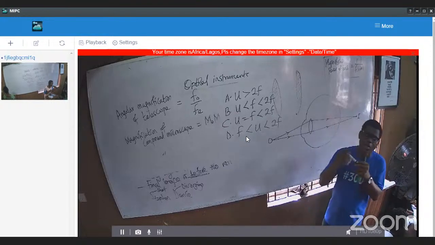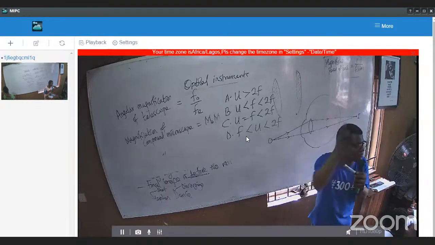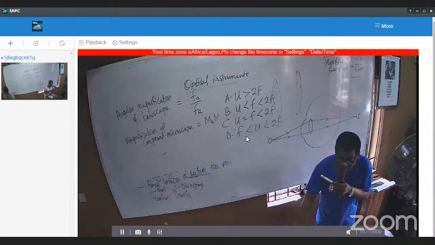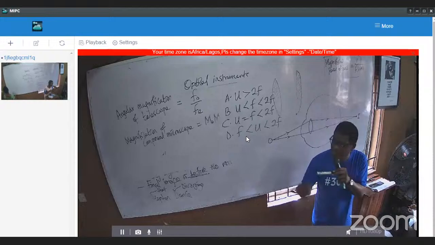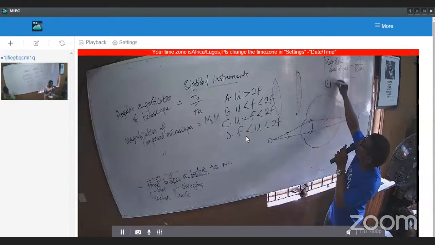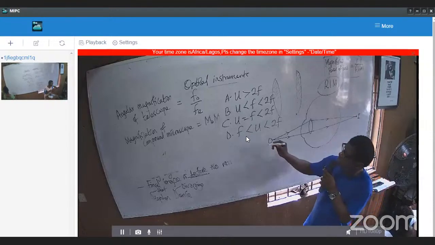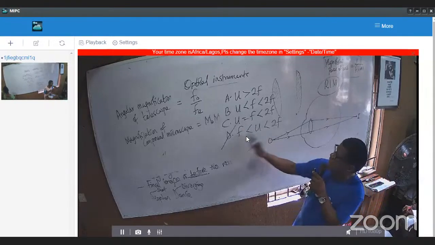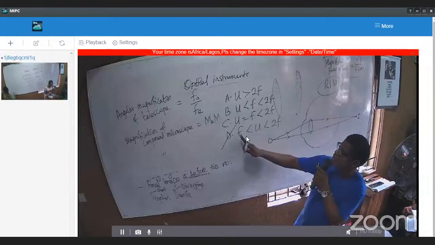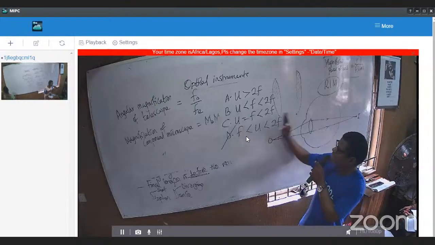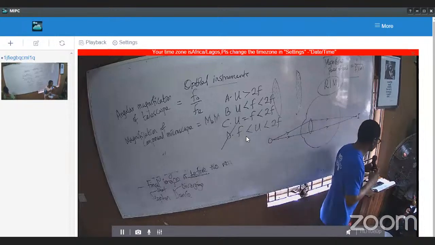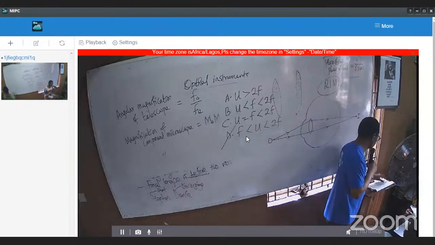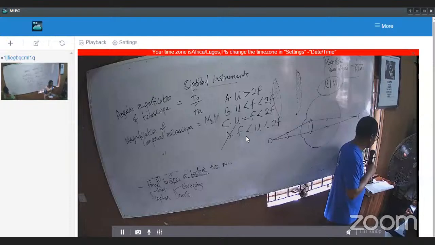Class, when will the image be real, inverted and magnified? Between C and F. So you can see that this is F, this is C, 2F is C. So when it's between the focal length and the center of curvature, the answer is D. I've seen a projector before.